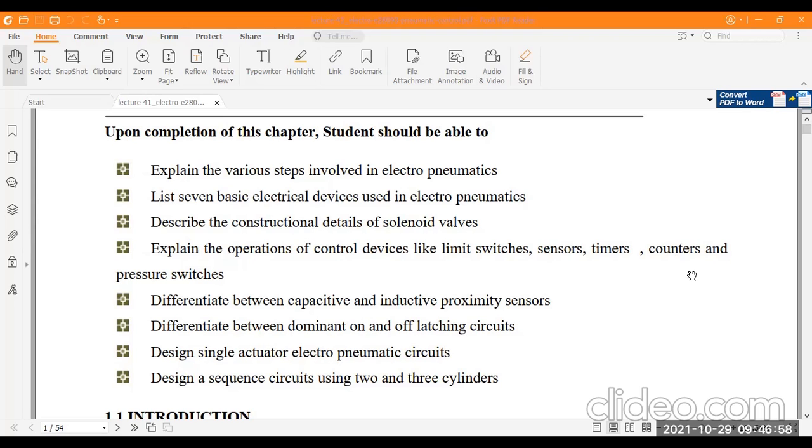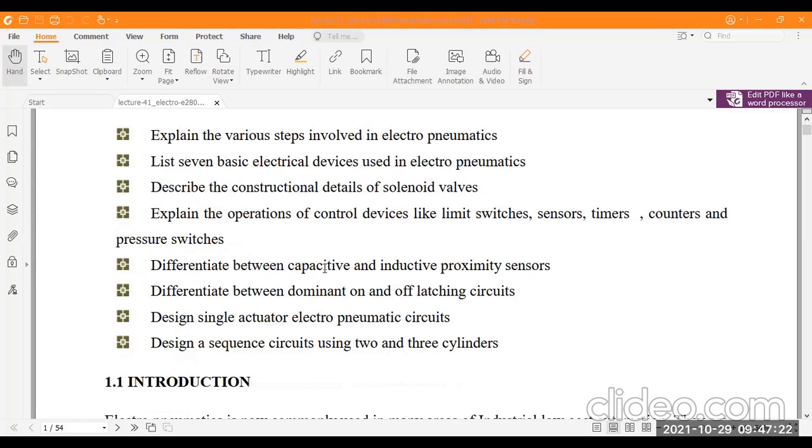The counter is a very important device in the pneumatic controller part, which counts the basic parameters, that means input or output, and time oriented cycles also. And also we have to use different types of pressure switches.